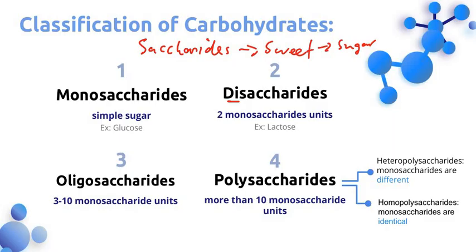So let's start with monosaccharides. You are informed that provided the monomers, or rather the monosaccharides, are identical, we call that type of polysaccharide a homopolysaccharide. Homo just means uniform. Heteropolysaccharide just means different.